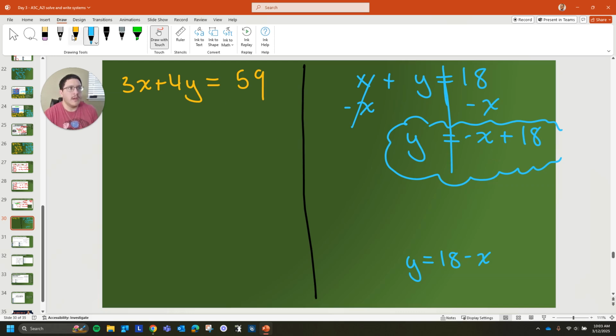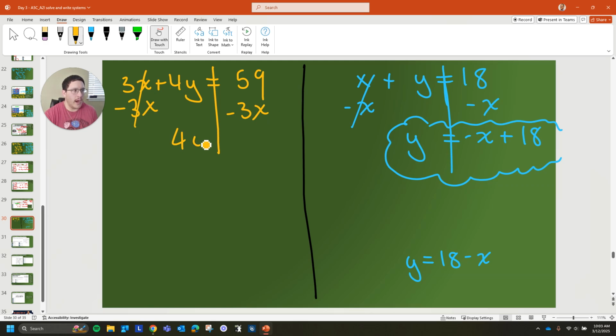Either way is fine. The other equation, 3x plus 4y equals 59, is a little bit more involved, but still the same procedure. You always start with the variable, the thing furthest away from the y. And distance-wise, that's the 3x. So we're going to subtract 3x on both sides.